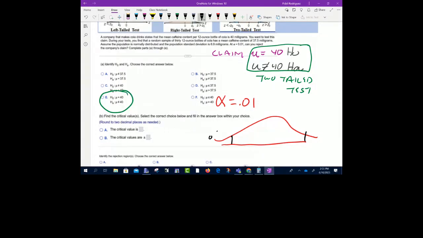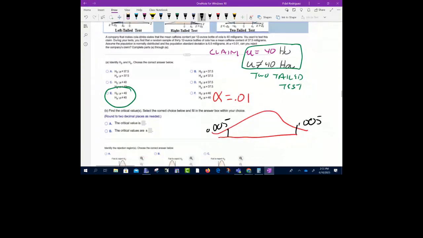So the area over here is 0.005, and the area over there is 0.005. Okay. Y'all, look at the way we drew our picture. Am I going to get one answer for Z, or two answers for Z? Two answers for Z. Okay, let's see if we can find that, y'all.